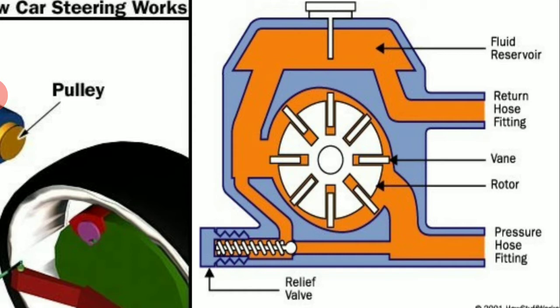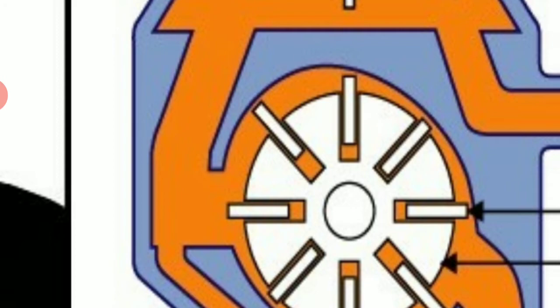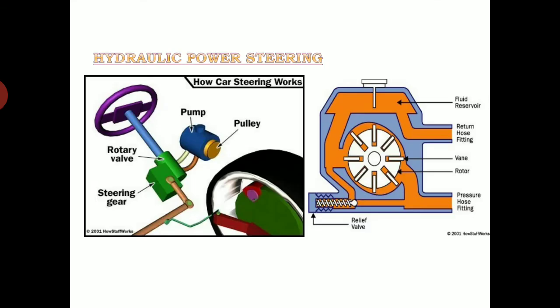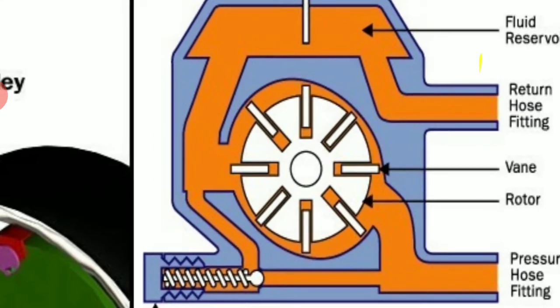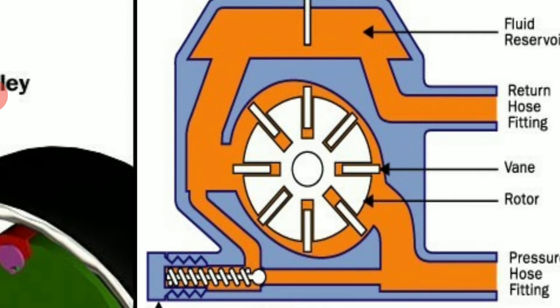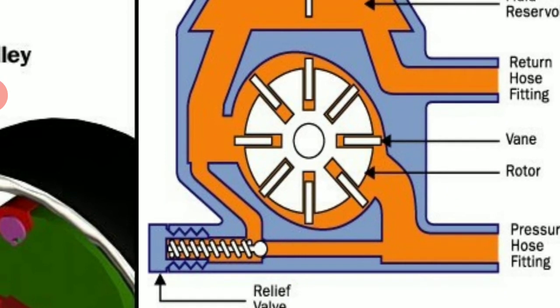Then the fluid enters from this section and passes through the vane. The vane will rotate, and in turn rotate the rotor. Then the pressure is developed. There is a pipeline connected through the relief valve pipe, and the pressure enters through that relief valve.